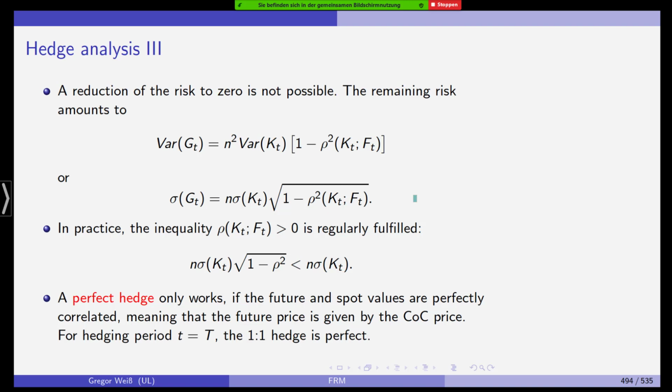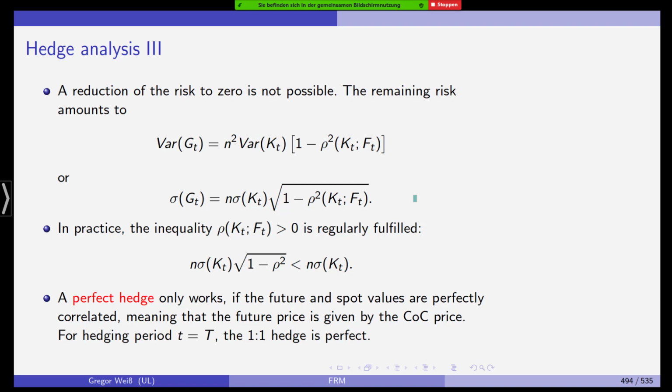We will always have a correlation between the futures and the spot price that is positive. So we can also form the following inequality: n times sigma times the square root of 1 minus the correlation is smaller than n times the volatility of the spot price.